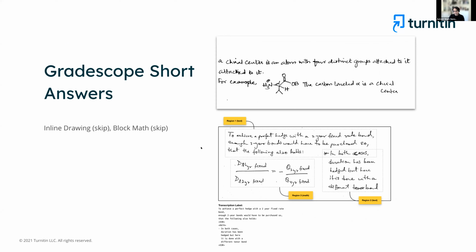The way that we formulate it is that there are different regions on the image, and we classify them as text, drawing, math, tables, etc. So this is one text region, this is another text region, and then this is math.